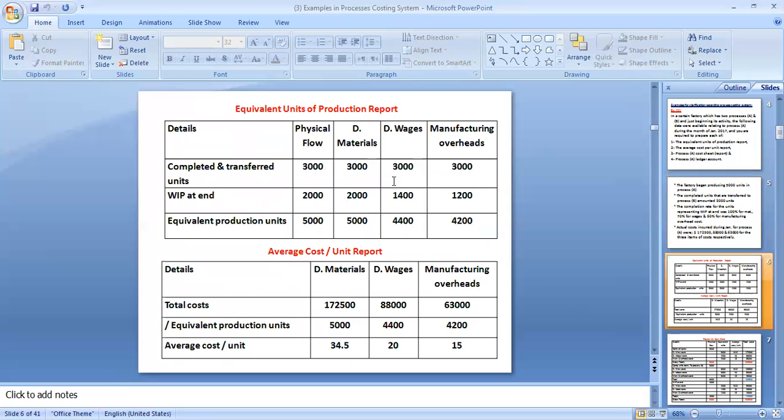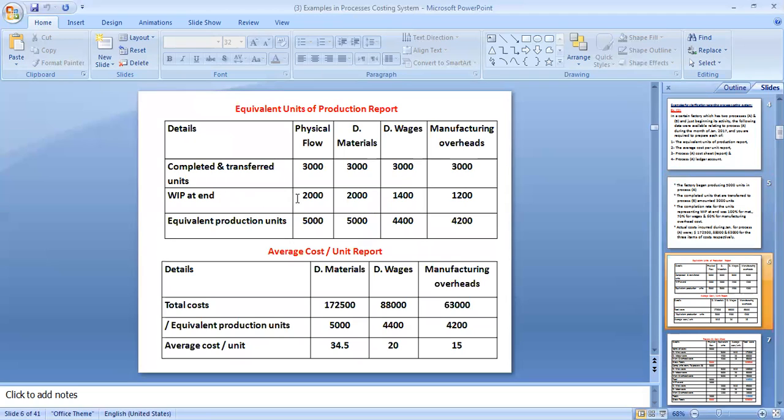To prepare the equivalent units of production report, this is a physical flow. Direct material, direct wages, manufacturing overhead. Why didn't we amalgamate the two columns into one column? Because this completion rate is 60% and this is 70%, or the opposite. The completed and transferred units are 3,000. So 3,000 physical flow, 3,000 in all items of cost, 100% completed.